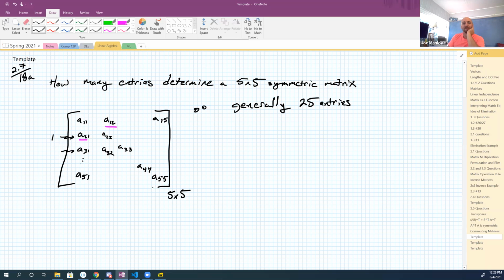Perfect. So the diagonal accounts for 5 entries, and half of what's left is above and half is below. So the diagonal is 5 entries, the lower triangle is 10, and the upper triangle is 10.